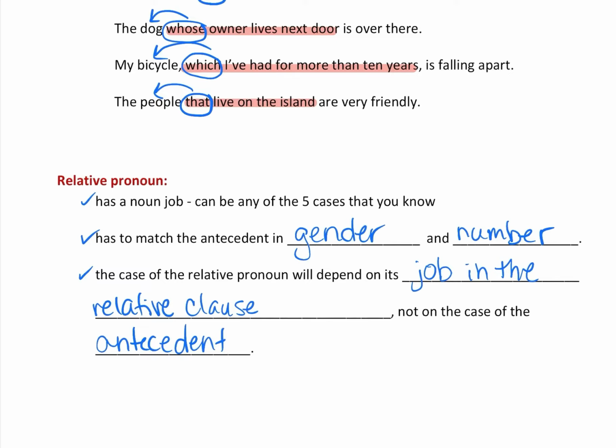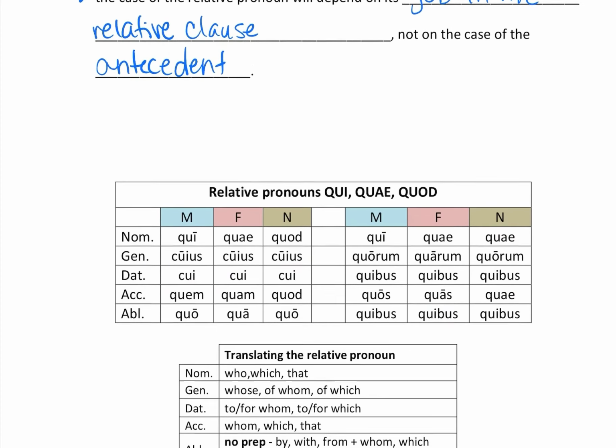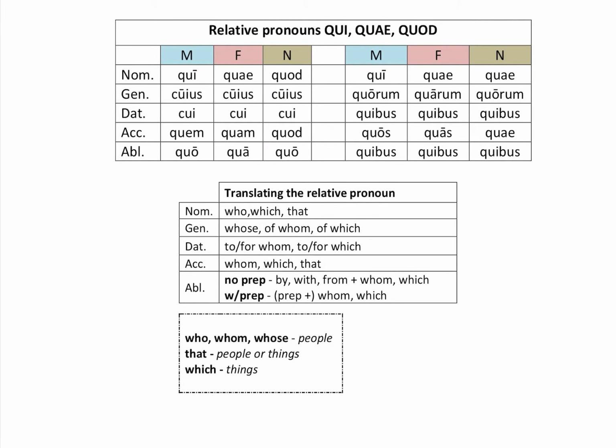Okay, so pull out your chart book. On page 50 is qui, quae, quod. That's our relative pronouns in Latin. So go ahead and pause and fill them out. You can also see in your chart book that I've given you a chart that will help you know how to translate the relative pronoun depending on what its job is in the sentence.